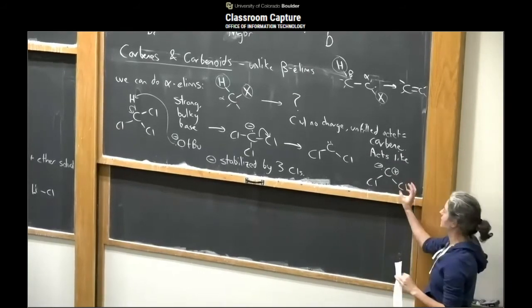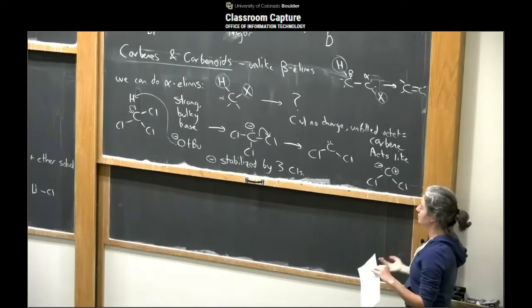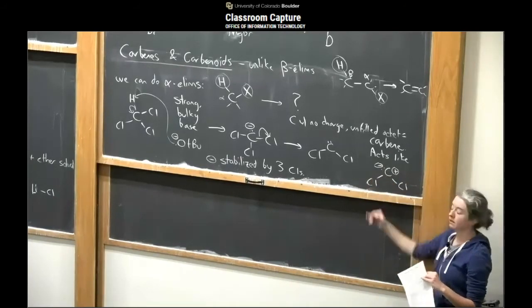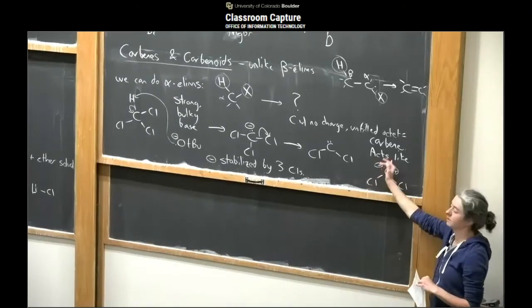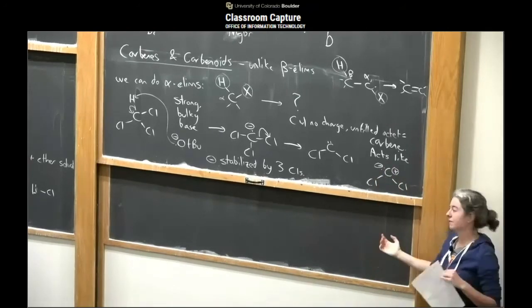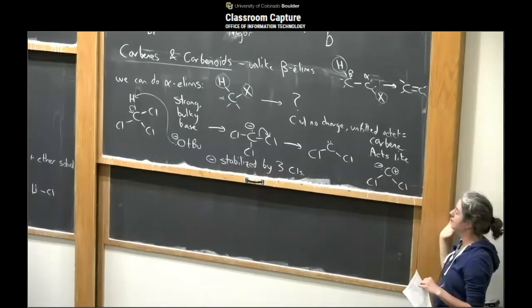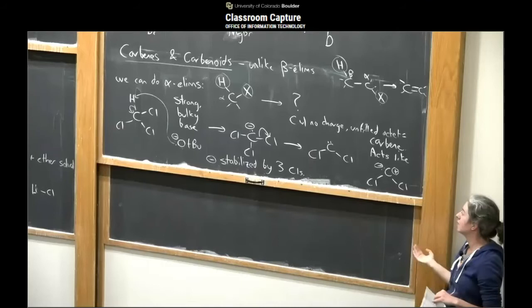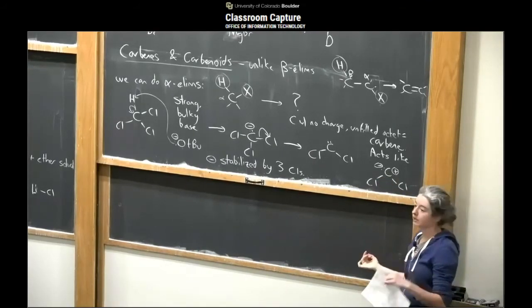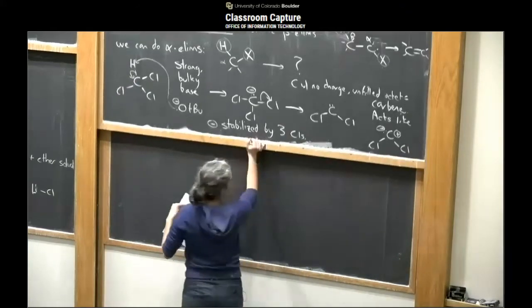Those 2 charges cancel out, so it's not actually positive or negative, but it still has very strongly nucleophilic behavior, like this lone pair really wants to attack some stuff, and also very strongly electrophilic behavior, like this carbocation really needs more electron density coming in from something nucleophilic. So carbenes are really good nucleophiles and really good electrophiles.